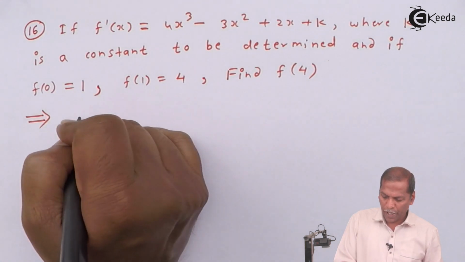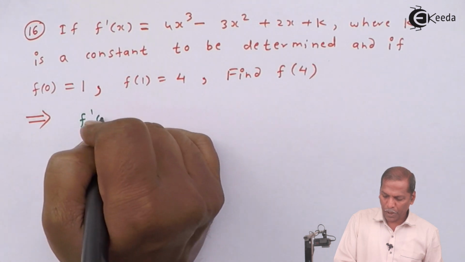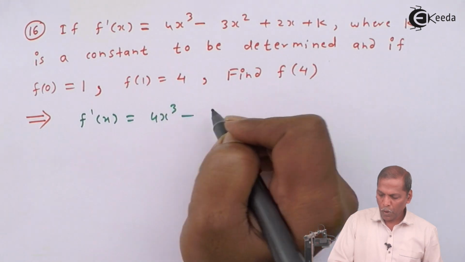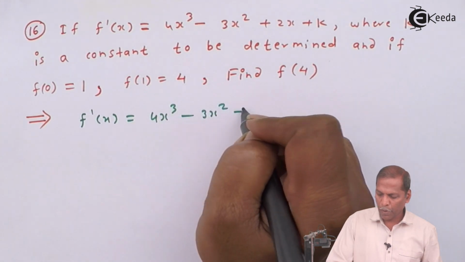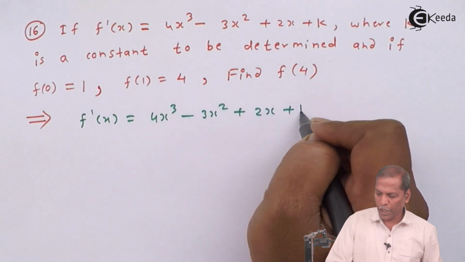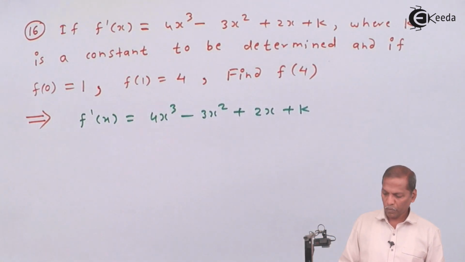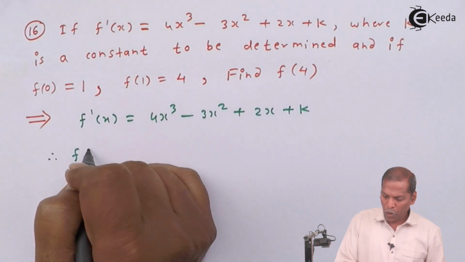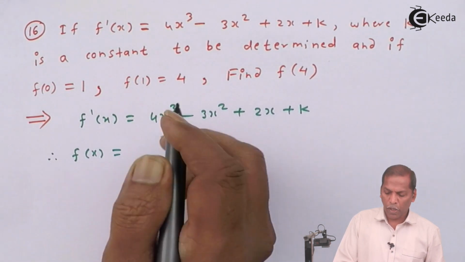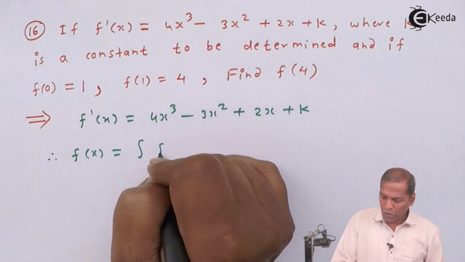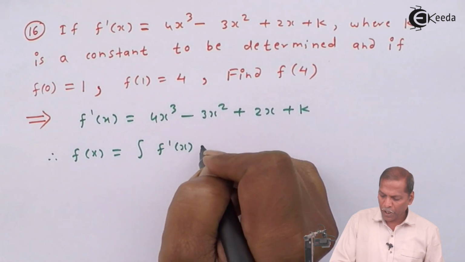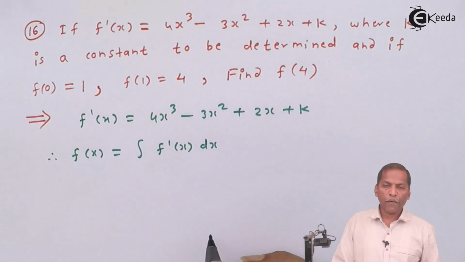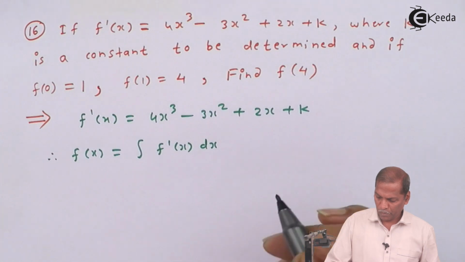First of all, we write f dash x is equal to 4x cube minus 3x square plus 2x plus k. Therefore, now f of x is equal to integral f dash x dx by using definition of integration.